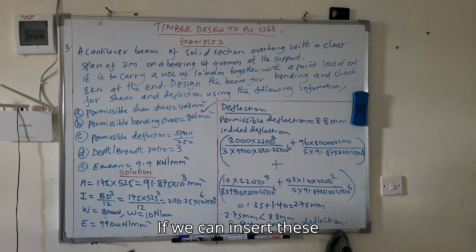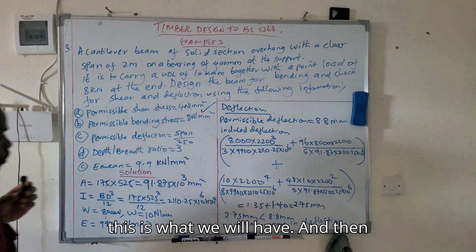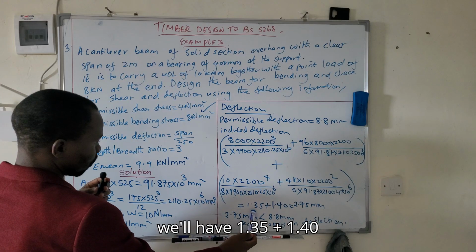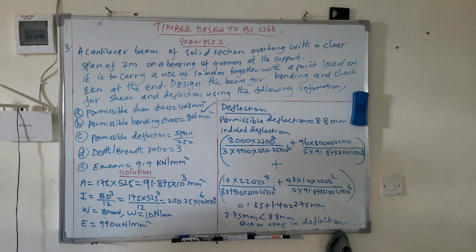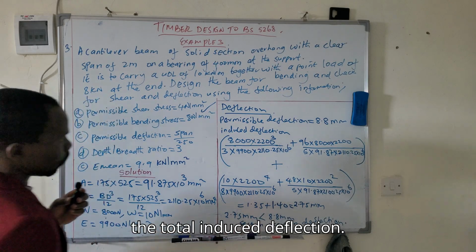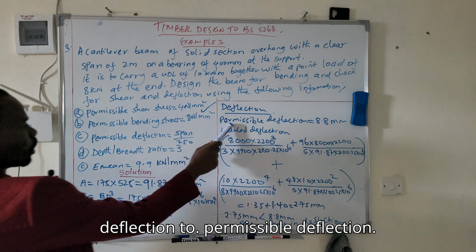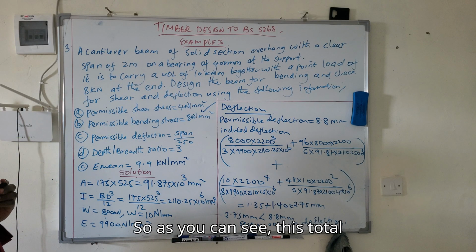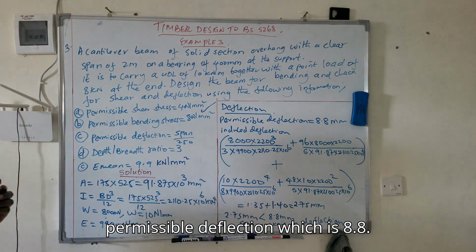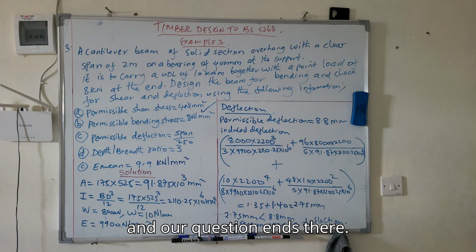By punching your calculator, we will have 1.35 plus 1.40, which is equal to 2.75. So this is the total induced deflection. So we will compare the total induced deflection to permissible deflection. As you can see, this total induced deflection is less than permissible deflection, which is 8.8. So the section is okay in deflection, and our question ends there.